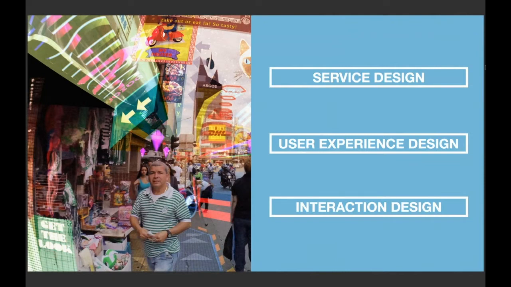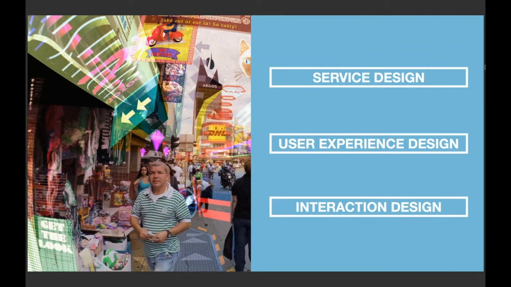At the highest level, service design is thinking about how a user comes to know about a product or service, how they are enticed to engage with it, the engagement itself, and what happens afterwards, how they are enticed to come back. It's a long-term and higher level approach to understanding product and service design.